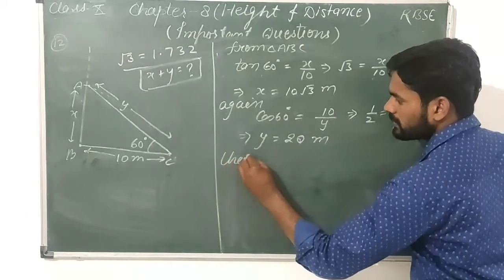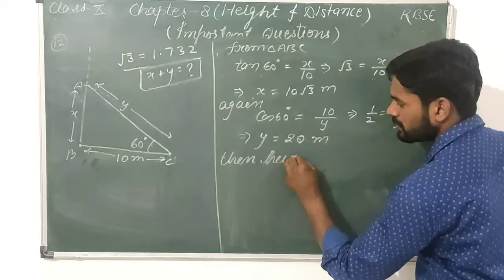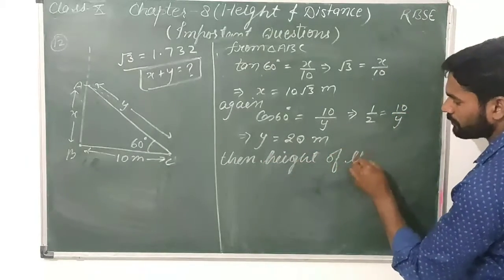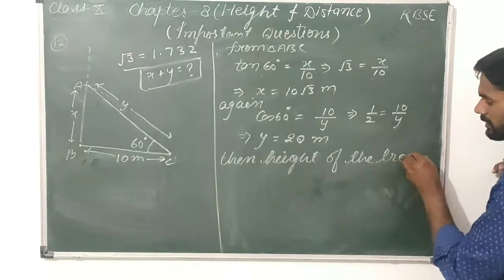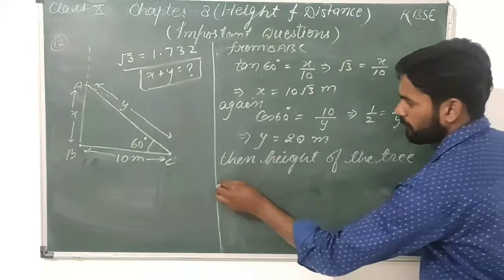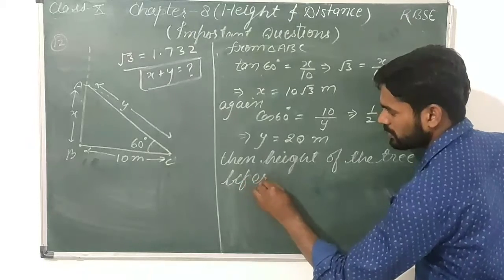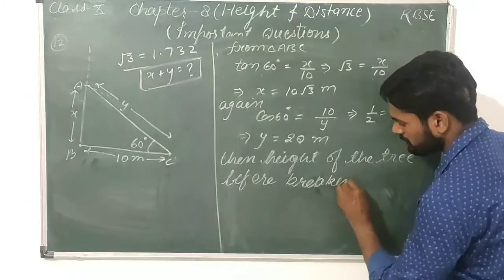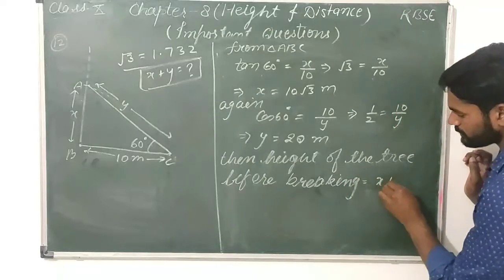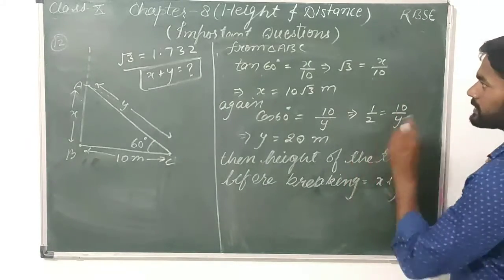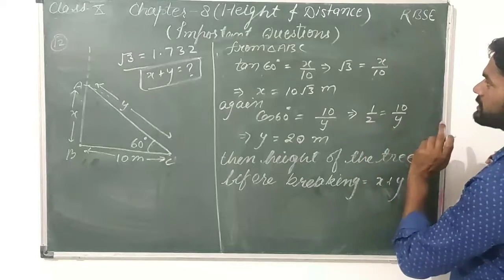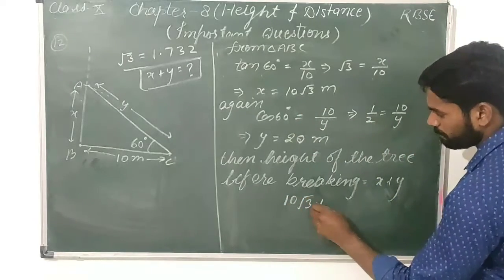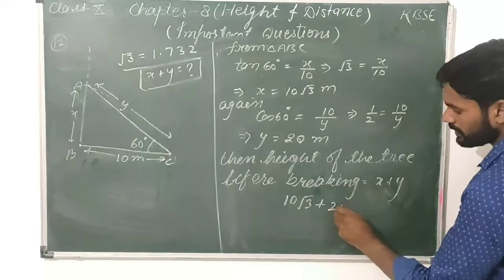Then the height of the tree before breaking is equal to x plus y. x is 10 root 3. 10 root 3 plus y is 20.